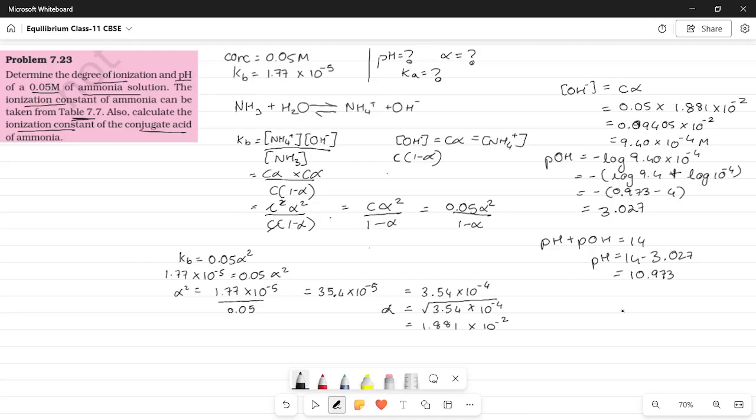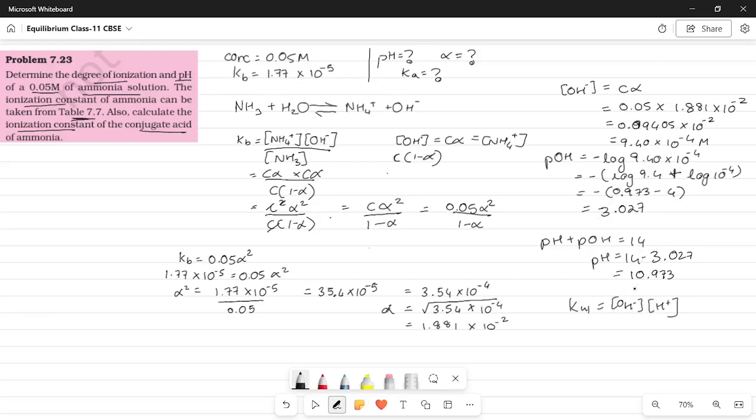If you want, you can use the formula Kw equals the concentration of OH minus into the concentration of H plus. You use the value of Kw, 10 to the power minus 14, and the concentration of OH minus to calculate the concentration of the hydrogen ions. Then you can take the negative logarithm to calculate the pH.